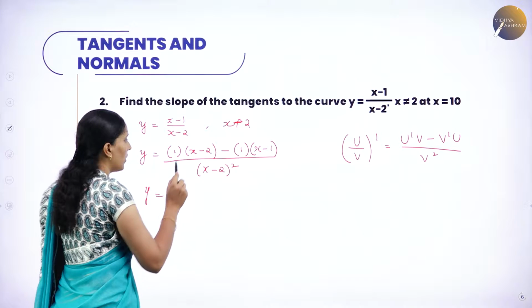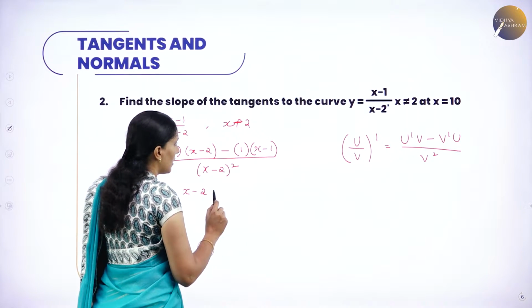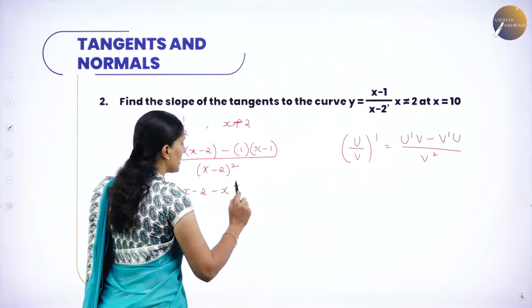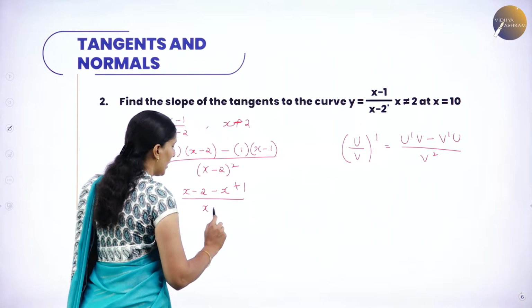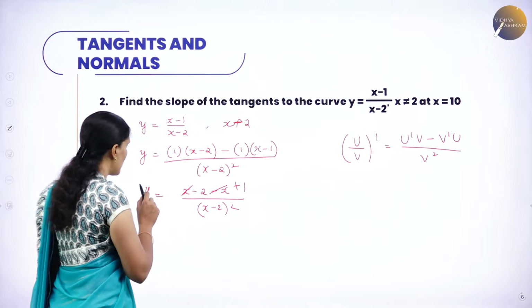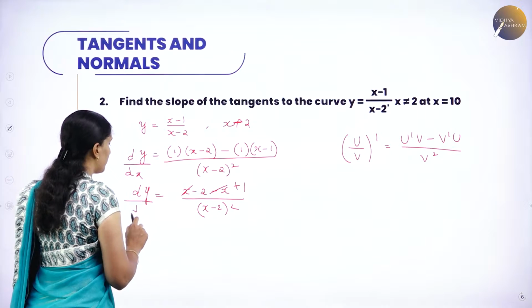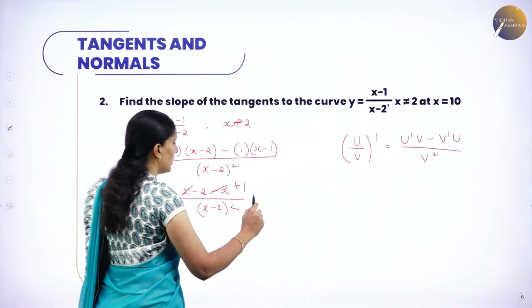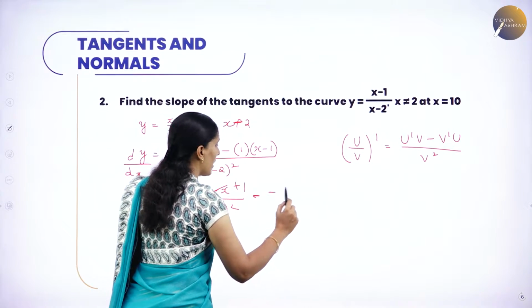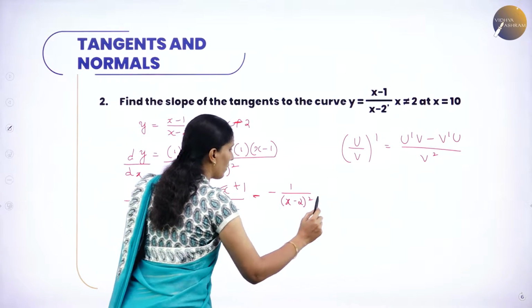Now we get x minus 2 minus x plus 1 divided by x minus 2 whole square. X minus x get cancelled. So this is dy by dx: minus 2 plus 1 is minus 1, divided by x minus 2 whole square.